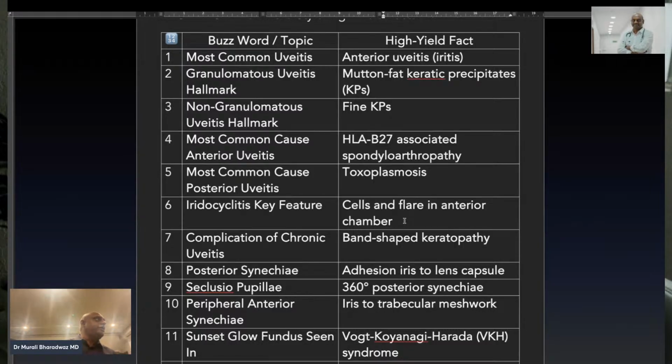Why called seronegative? Because rheumatoid factor and ANA, the serological markers, are negative. In spite of that, they have arthritis. Typically they lead to enthesitis. Enthesitis means where the ligaments join the bone, at the point of bony attachment, there is inflammation.